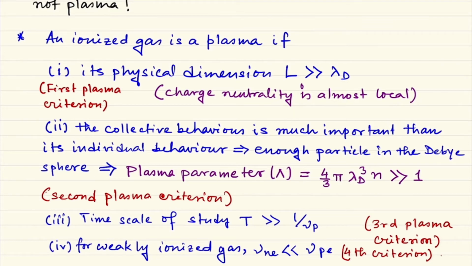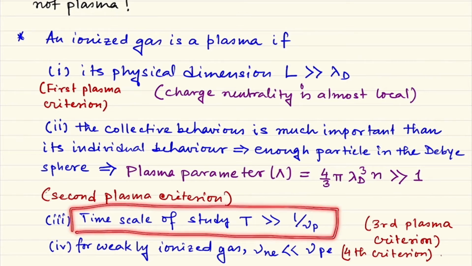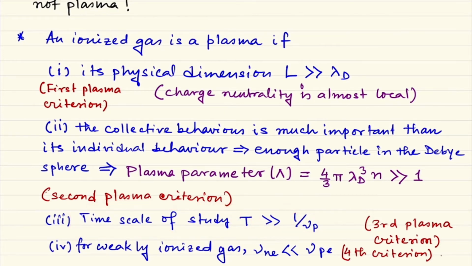So for an ionized gas to be plasma, the time scale of study of the system should be very, very large with respect to 1 by nu_p. Okay, so that we never see this transient phenomena of the charge imbalance. So we always study the system in such a time scale that the charge imbalances are not really of importance.